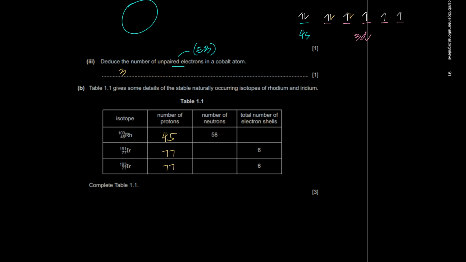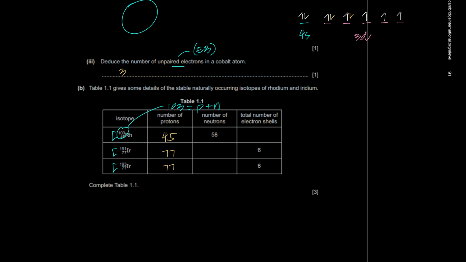Good stuff. Now how do you calculate the number of neutrons? Well, from O levels you must have learned that you just subtract the two, subtract the two, subtract the two. But the idea behind subtracting is that you know that 103 is the mass number, and the way you define the mass number is the sum of the protons and neutrons in the nucleus of the atom. And you already know how many protons you have. That's written right here, 45.